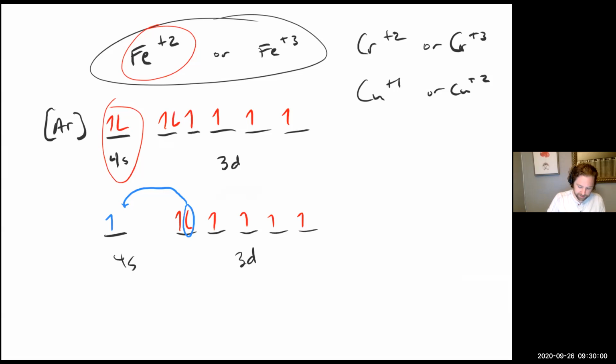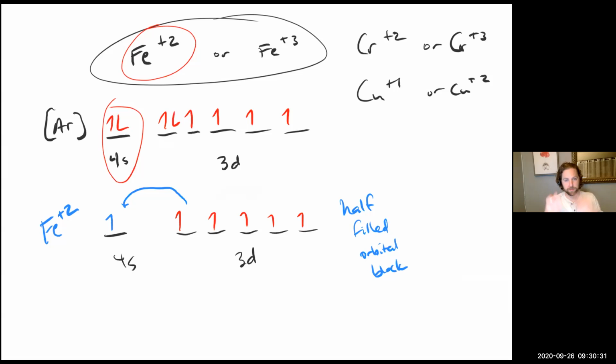So this electron actually will leave the d orbital and jump to the s orbital. And now what do we have? We have an ionized state of iron where the s orbital and the d orbital are all half-filled, which is a little bit more stable configuration. When the entire block is half-filled, you're maximizing the positive spin states, which is the more quantum mechanical way to approach it. But there's stability in half-filled orbitals.